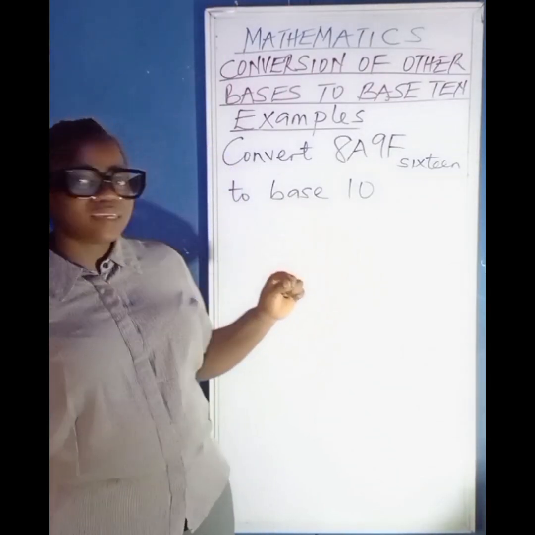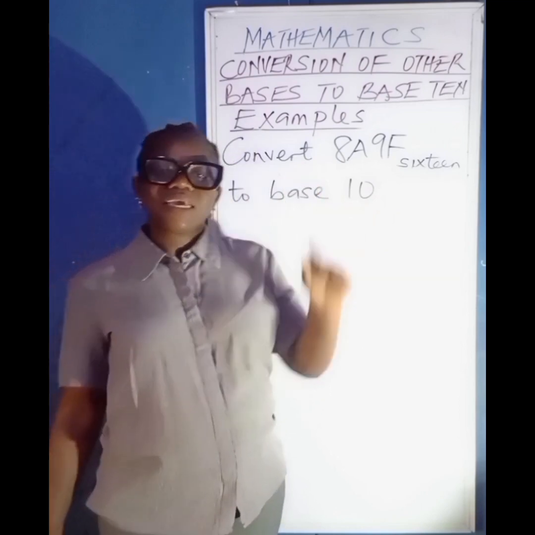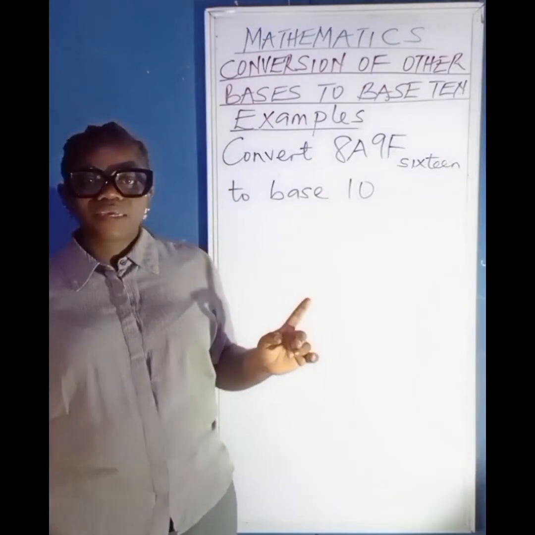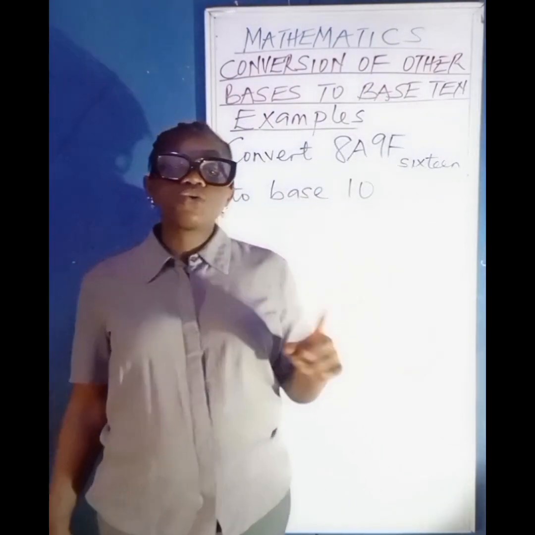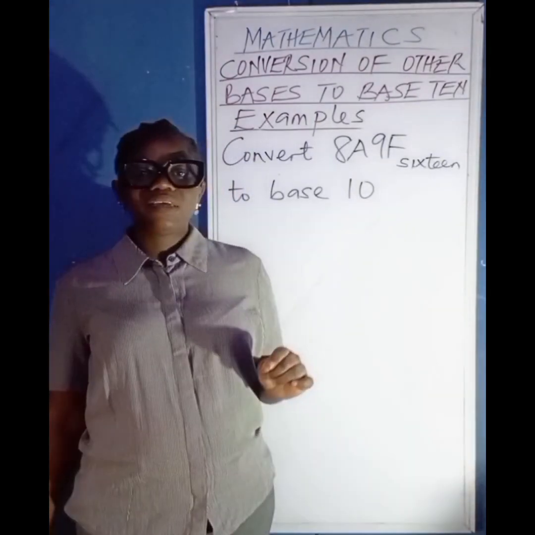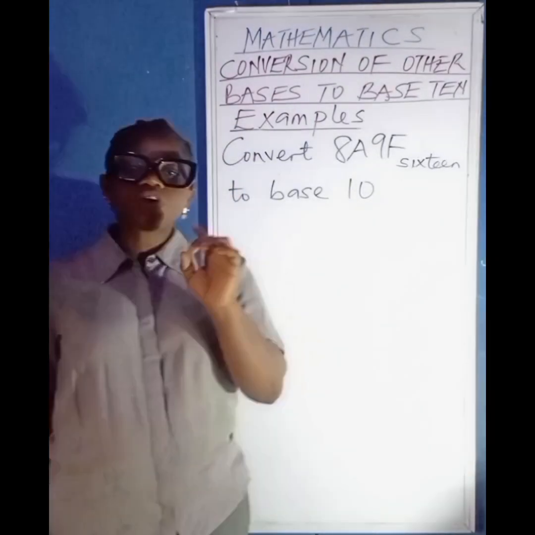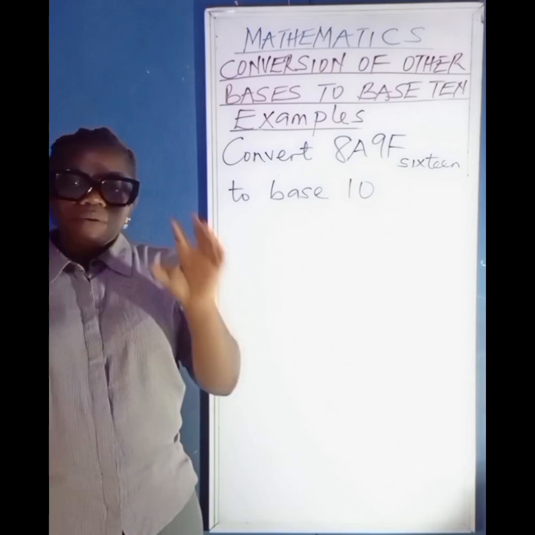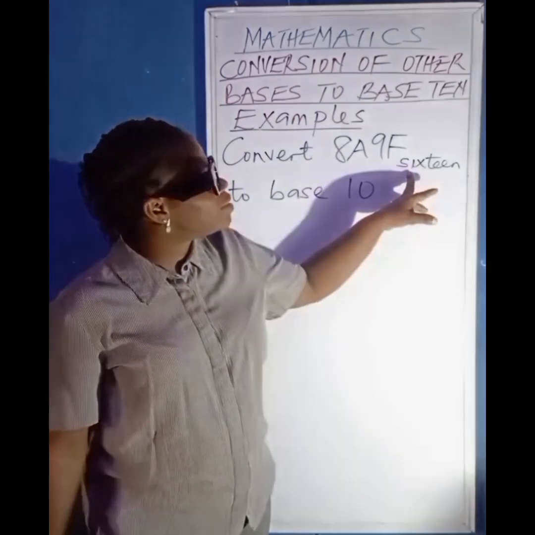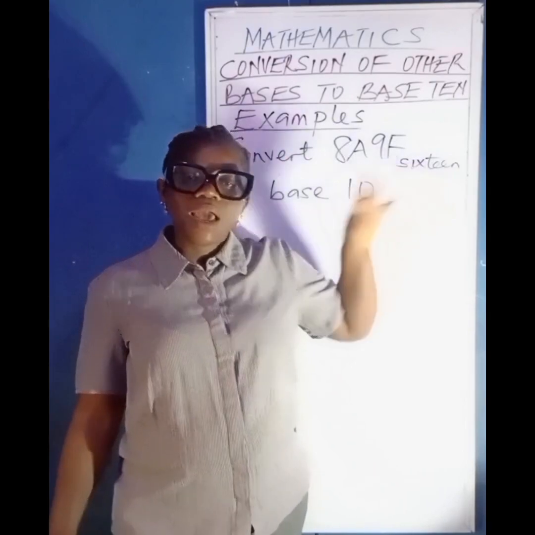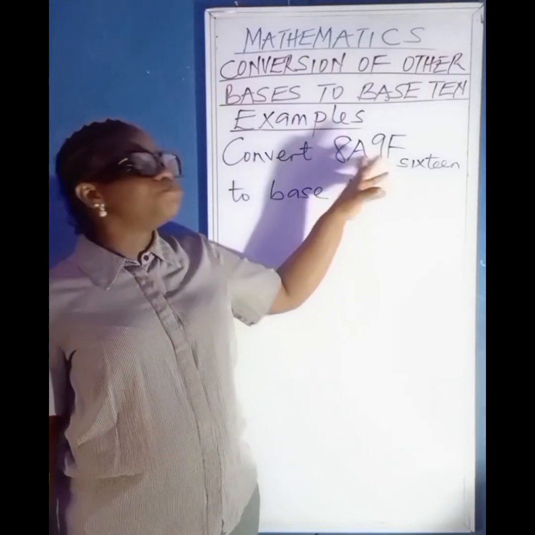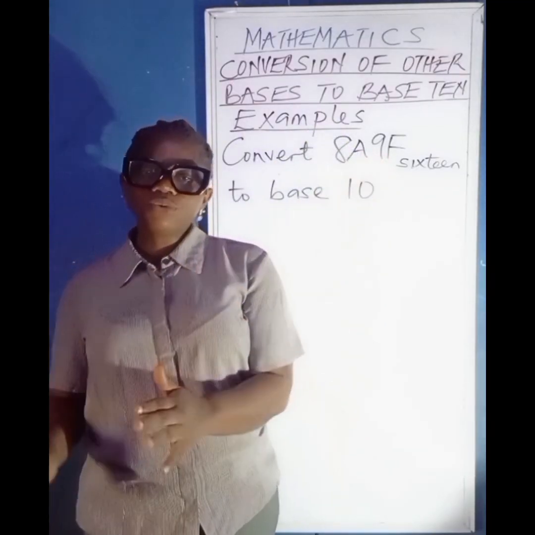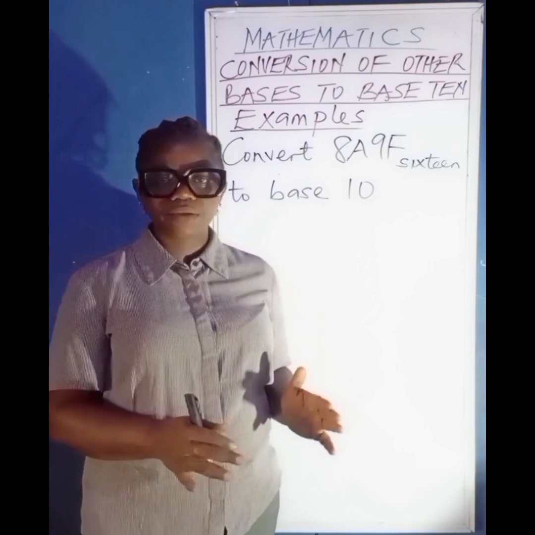In that lesson, I explained that in all bases, you will never find a single digit that is up to the base or more than the base. This is base 16. All the digits you can find in base 16 are 0 to 15.